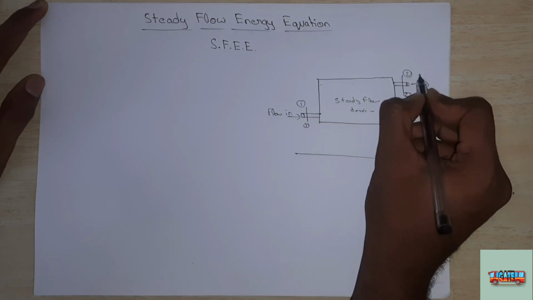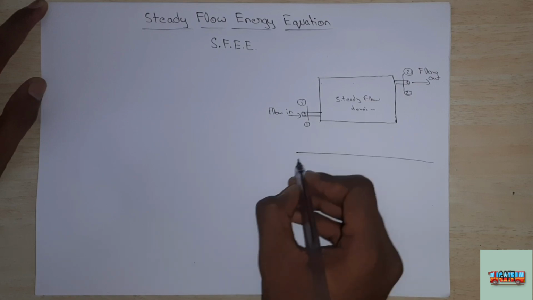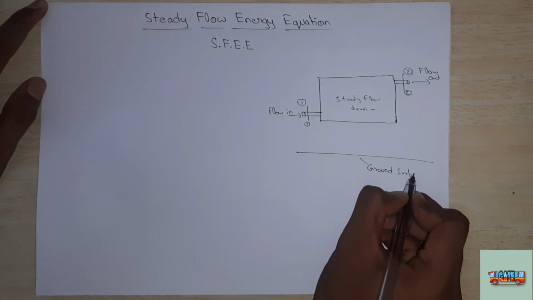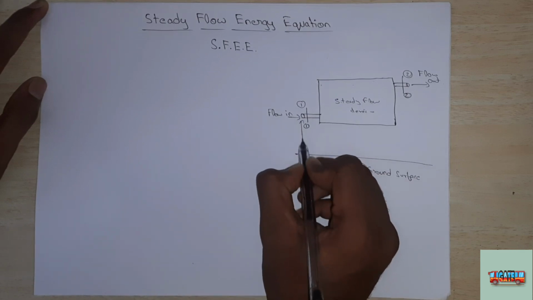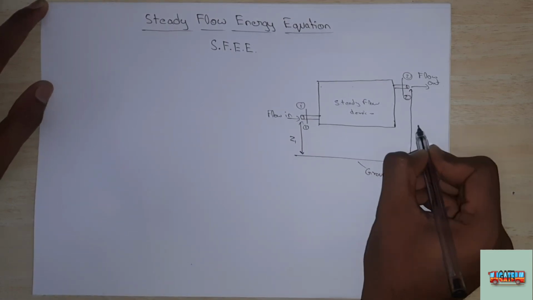Flow in, flow out. This is ground surface. So the inlet valve is about Z1 height and the outlet valve is at about Z2.